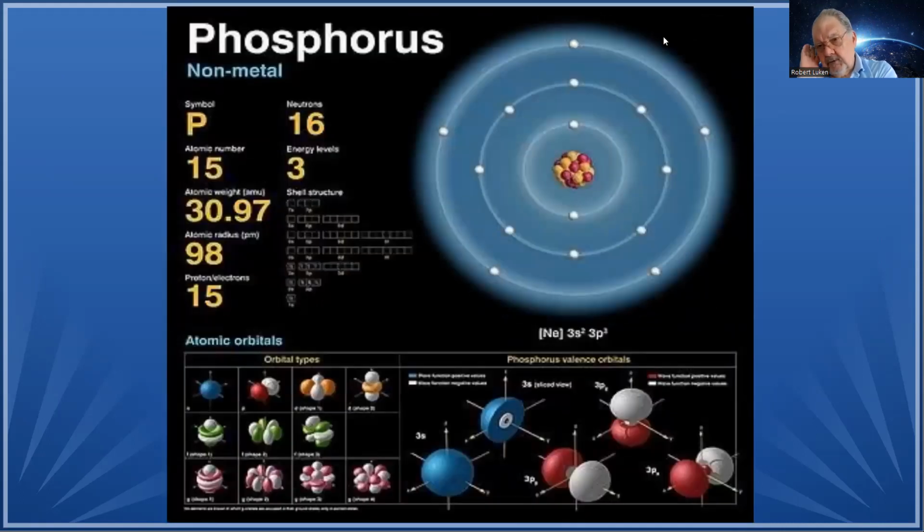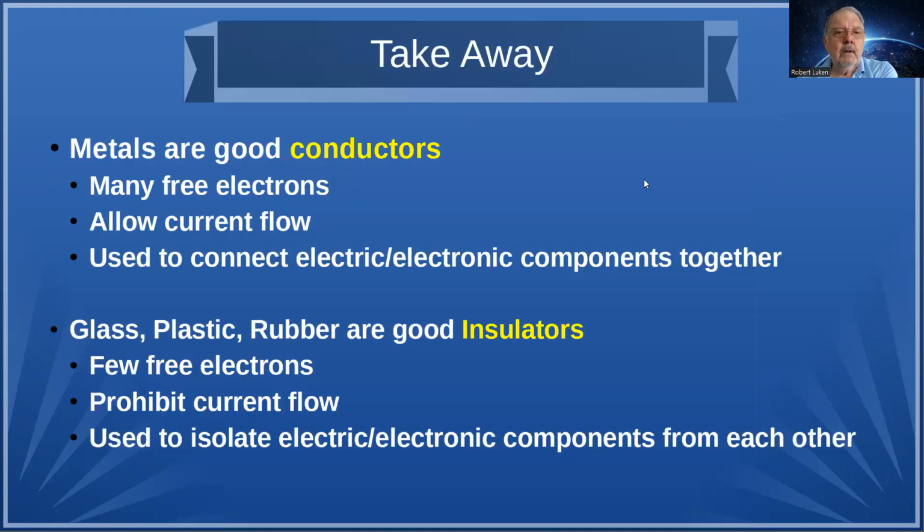Phosphorus is one of the common ones used to make N material because it's got 5 electrons. So when you add that to the 4 in the silicon, it disturbs the crystal and you wind up with free electrons bound in the crystal matrix.